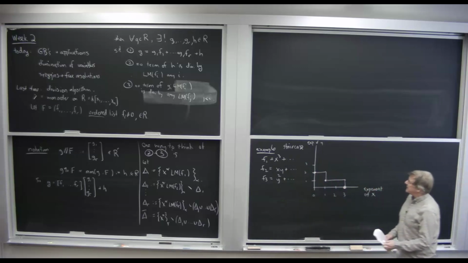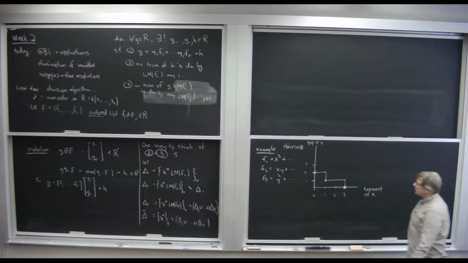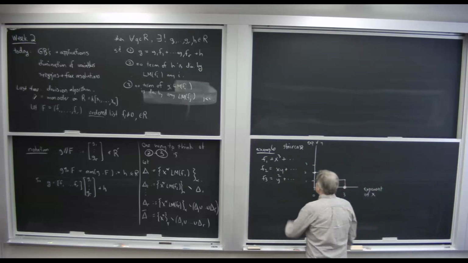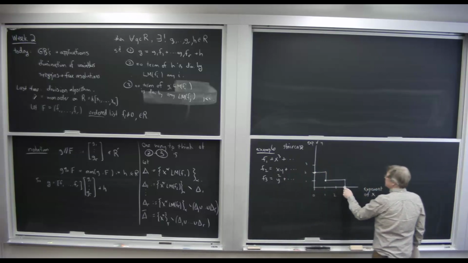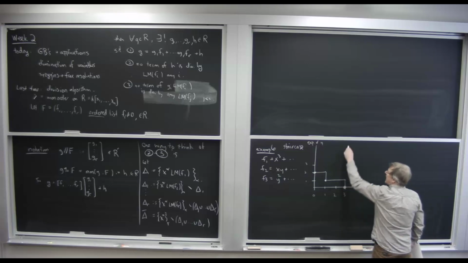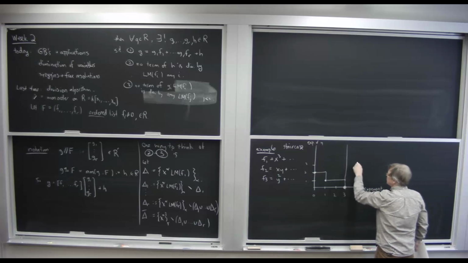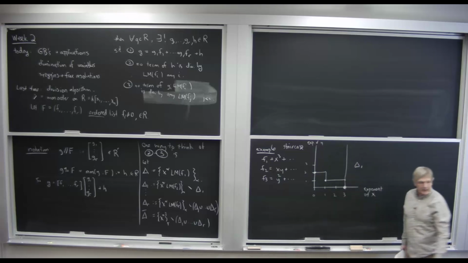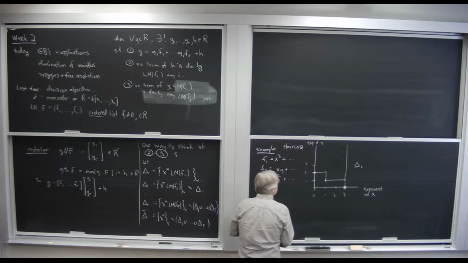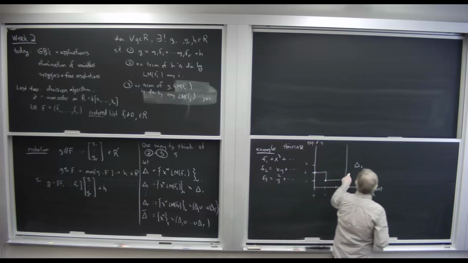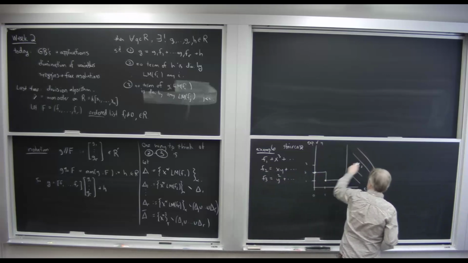But what are the deltas in this case? Well, delta 1, F1 is this guy here. So delta 1 is all the monomials above that. So this is delta 1 here, which includes all the stuff on the boundary. Okay. Delta 2, so let's say that's delta 1.